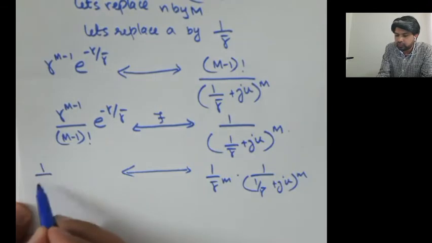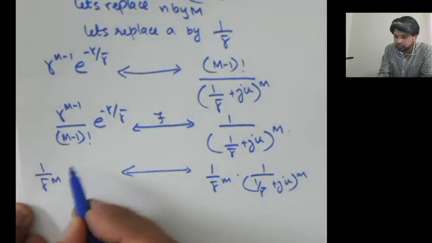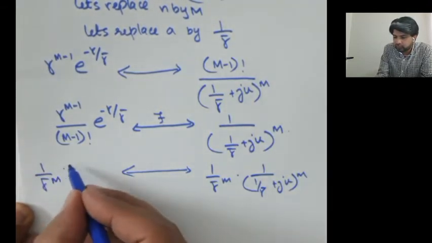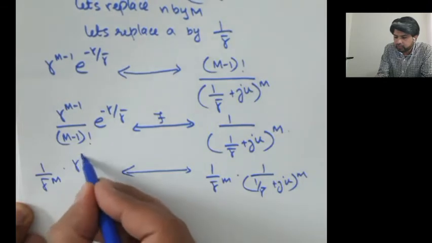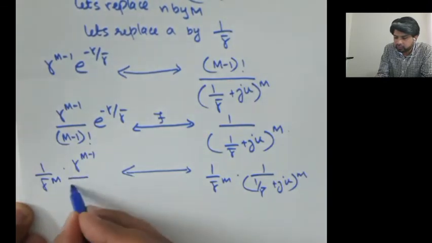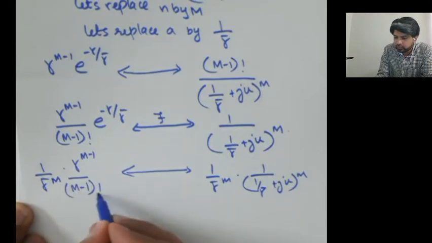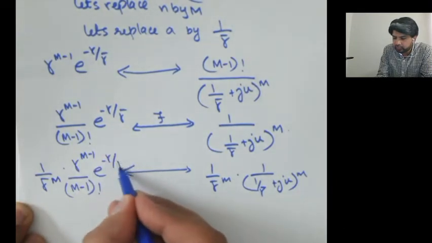So 1 over gamma bar to the power M, a scale factor, times gamma to the power M minus 1 over (M minus 1)! e to the power minus gamma over gamma bar.